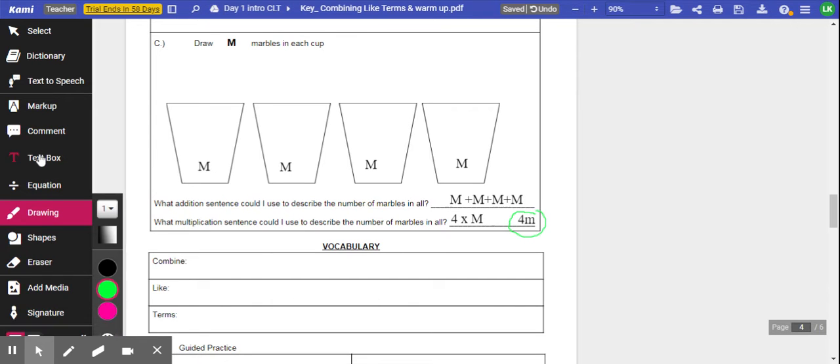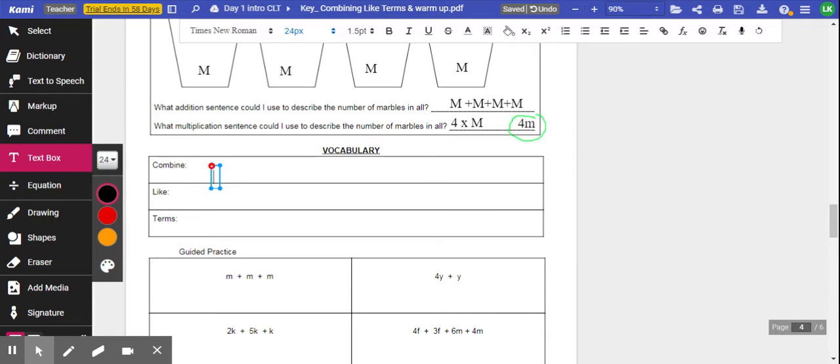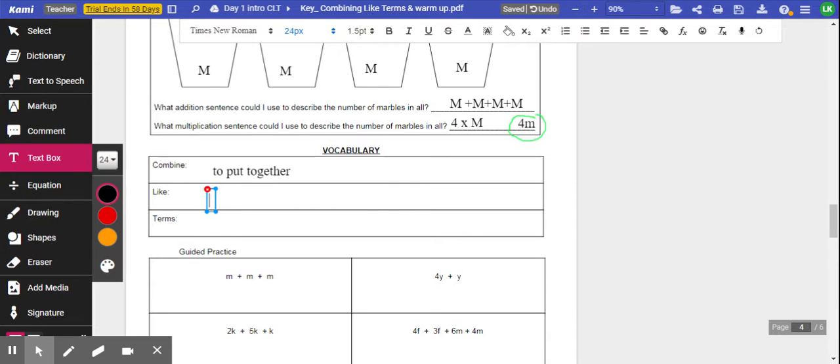So let's talk about a couple vocab words. Scroll down a little bit. Combine. So combine, we said, means to put together. Like. If things are like, then what are they? They're the same or similar. In this case, it'll mean the same letter or variable, or both having no variable, they're constants, and to the same power.